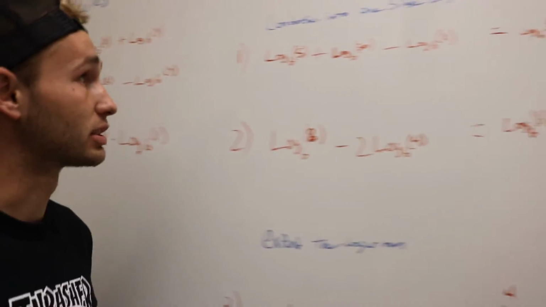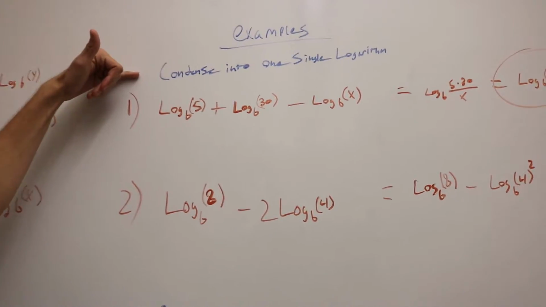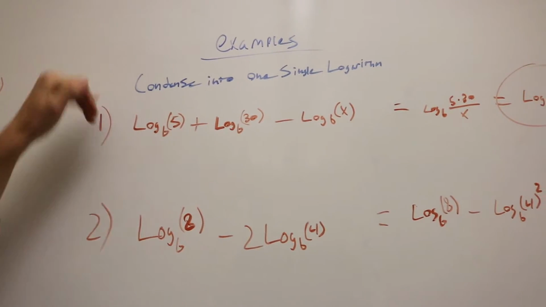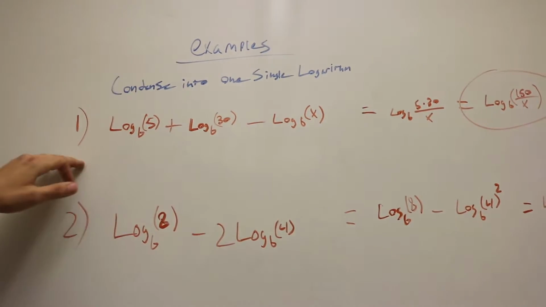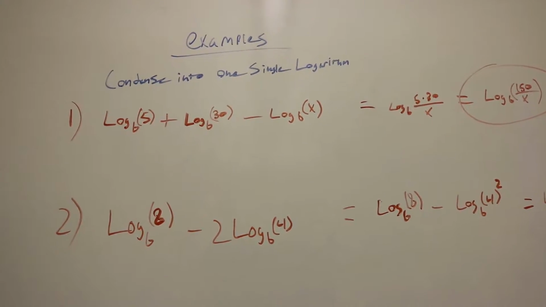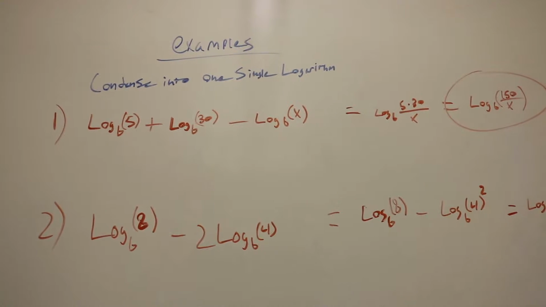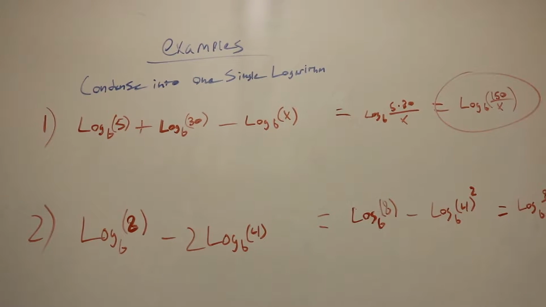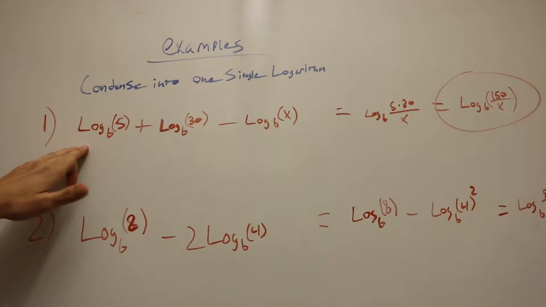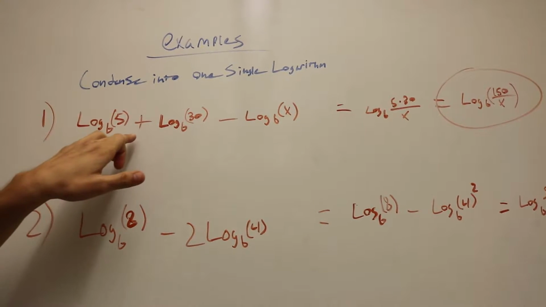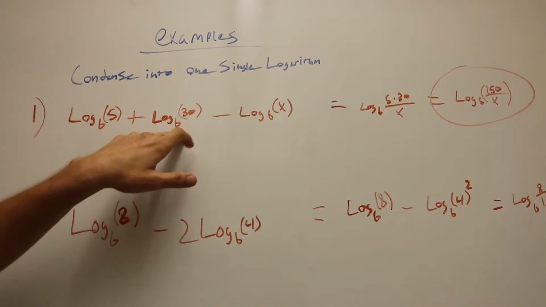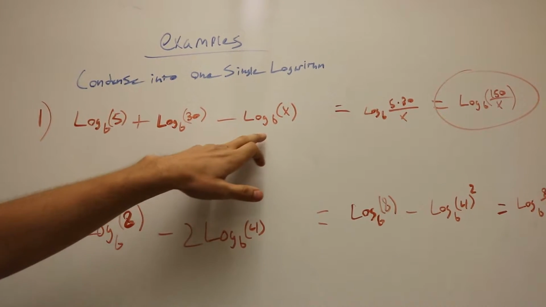Now, getting into some examples, if we want to condense equations down into a single logarithm, you can use the log rules you have here, and it'll make it super easy to get single logarithms. So you have log b of 5 plus log b of 30 minus log b of x.